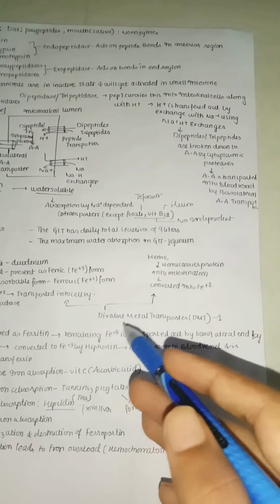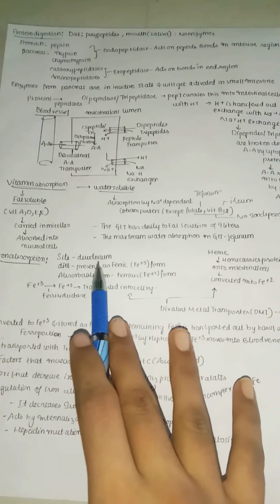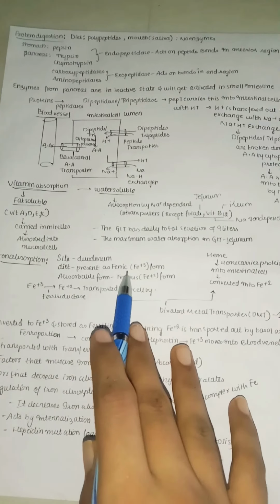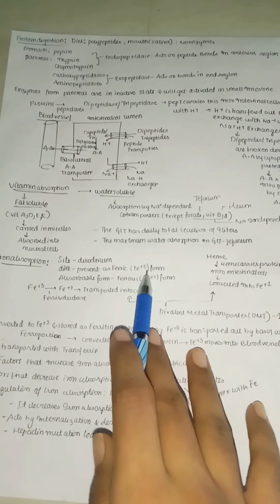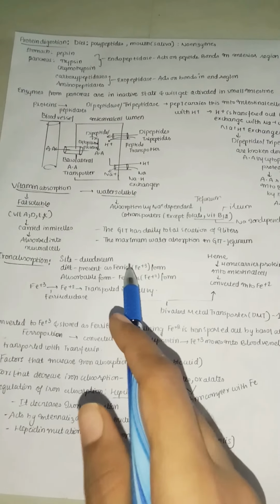So again let us repeat, the major site is the duodenum. It is present in the ferric form, Fe+3, but the absorbable form is Fe+2, so we need to convert this into Fe+2.